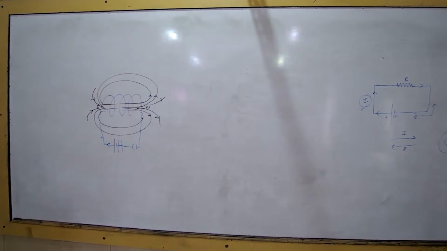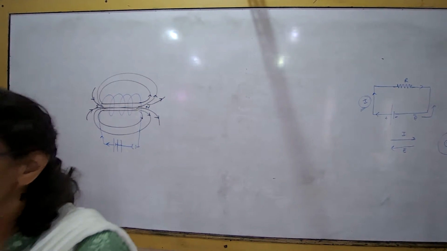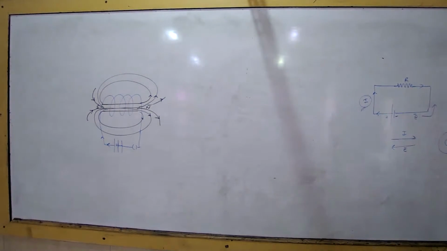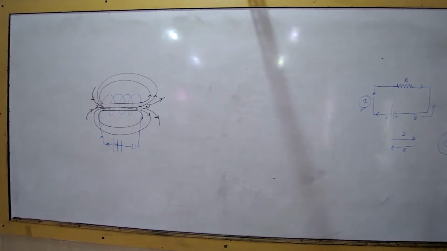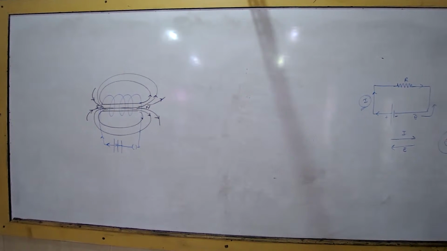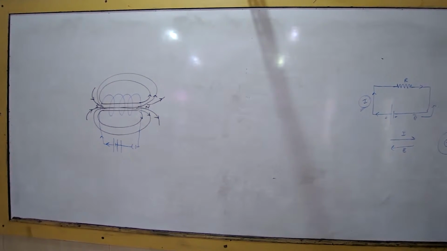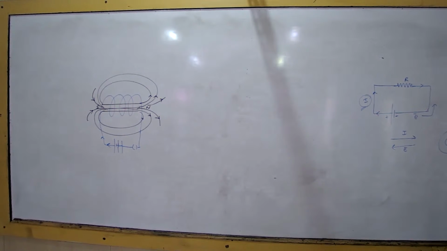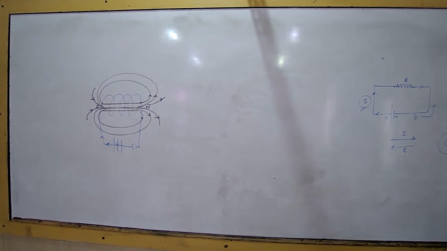Next. State the rule that determines the direction of the force on the conductor AB. Raj, tell. What does this rule tell us? Tell it in your own words, because I've asked you to learn it. Fleming's left hand rule.